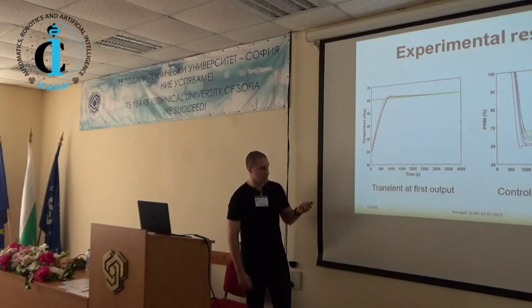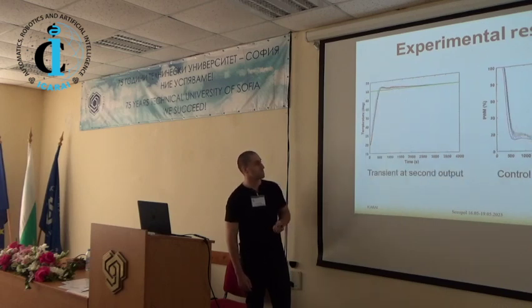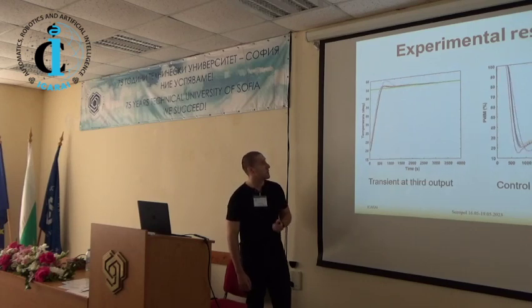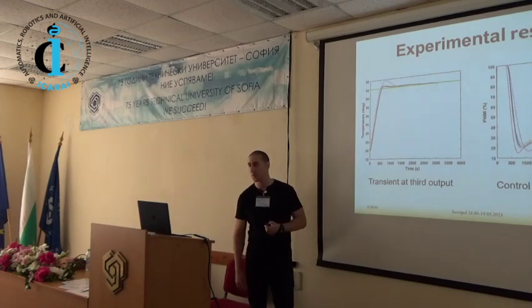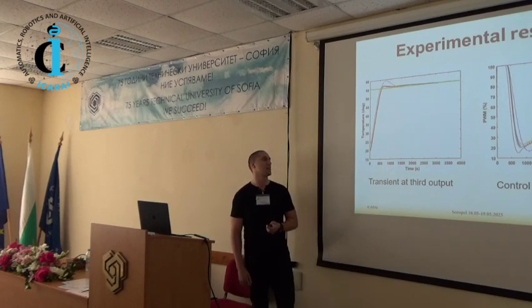These are results for the first output. Here we have results for the second output, again similar transient responses, and at the end we see the results for the third output of the thermal plant.